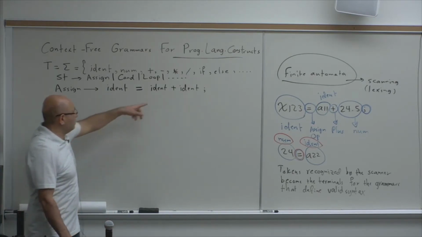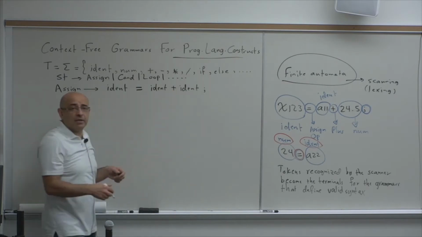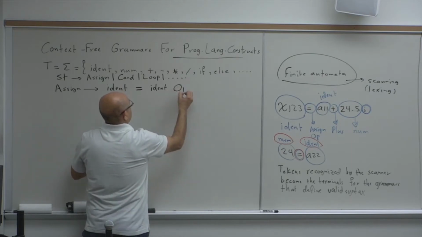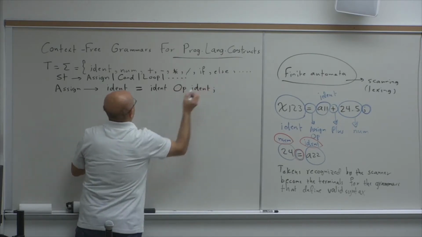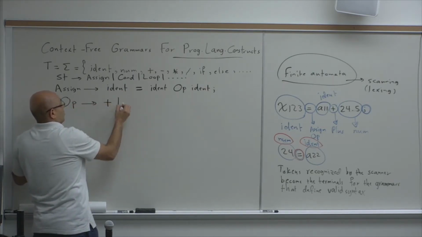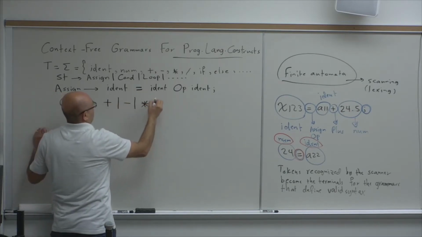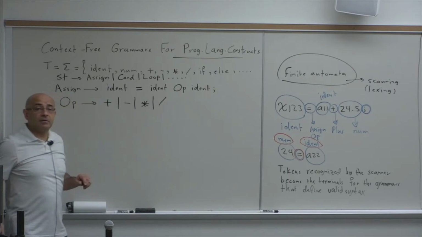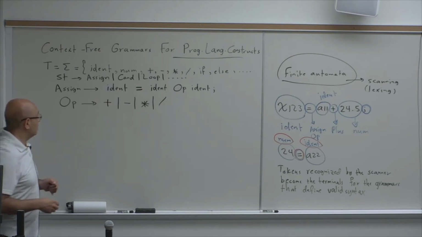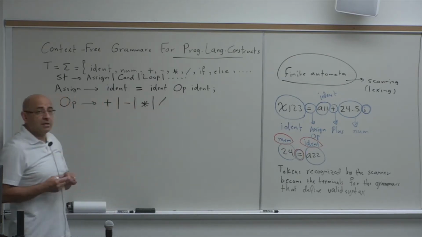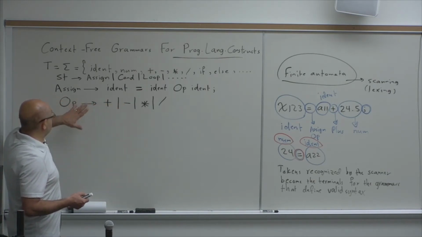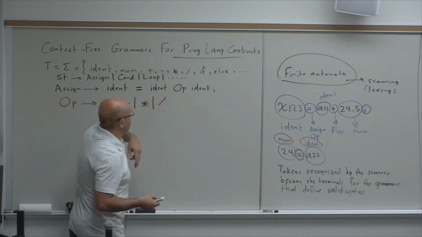Of course, to make it general, it doesn't have to be add, right? Instead of add, we can define a variable op, identifier, and then our op is plus or minus or multiply or divide. Does this grammar make sense to everyone? Okay, so this grammar defines a statement that consists of an assignment statement in which there is an identifier added to another identifier.